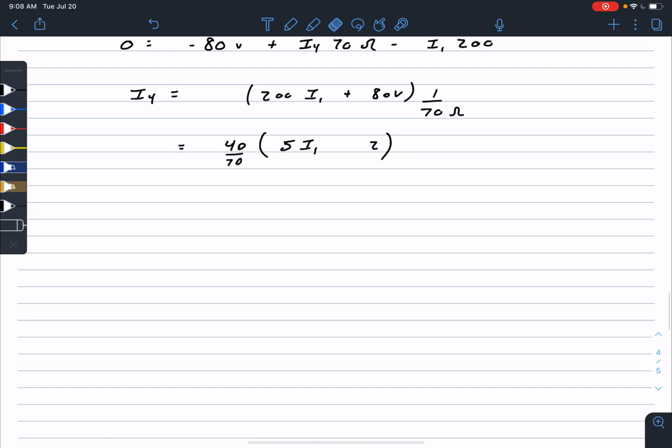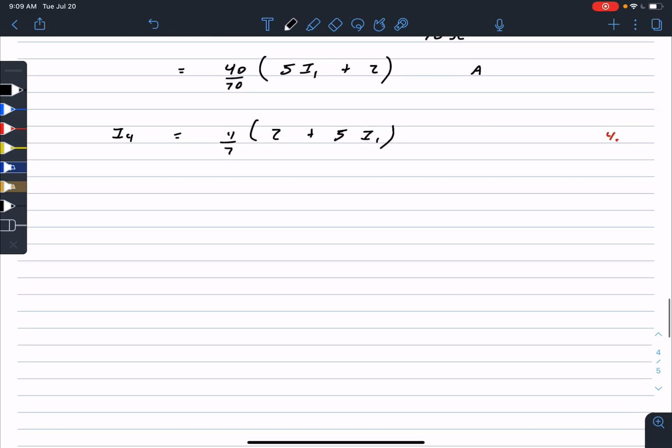I dropped my units here, but all of this is going to come out in amps: volt over ohm is an amp, and this is a current, so that's also amps. So this is 4 over 7 times 2 plus 5I1, and this is our fourth equation.